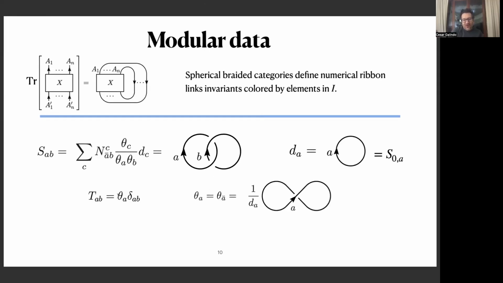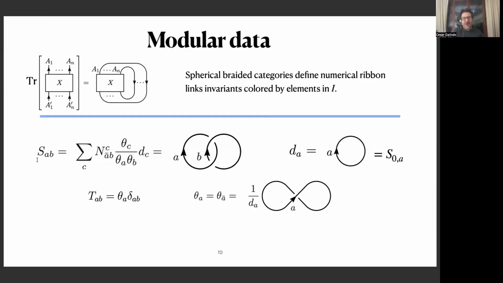And in addition, this procedure gives us a matrix that is called the S matrix. And if we apply the trace to the braiding and then divide by the dimension, we obtain a number that is called the ribbon, a scalar associated to the ribbon. Then we can produce a diagonal matrix by putting these numbers on the diagonal, and this is called the T matrix.